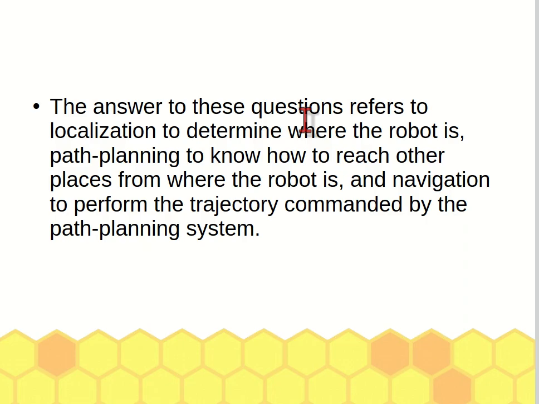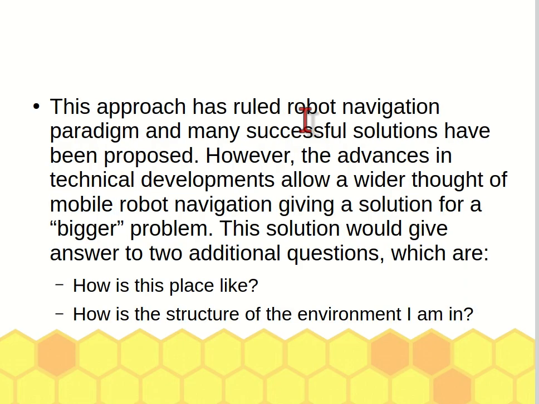Path planning means how to reach the destination from the current location, and also how to perform the trajectory command in the path planning system. Another question is how is the place like and the structure of the environment the robot is operating in.